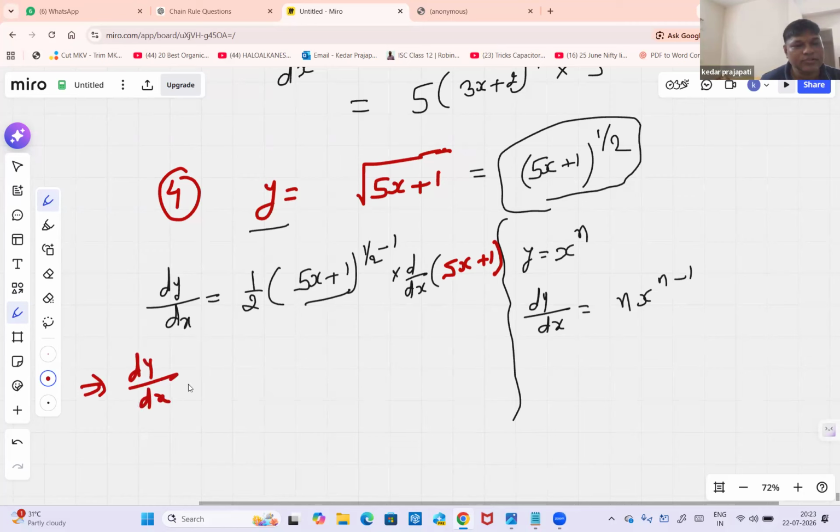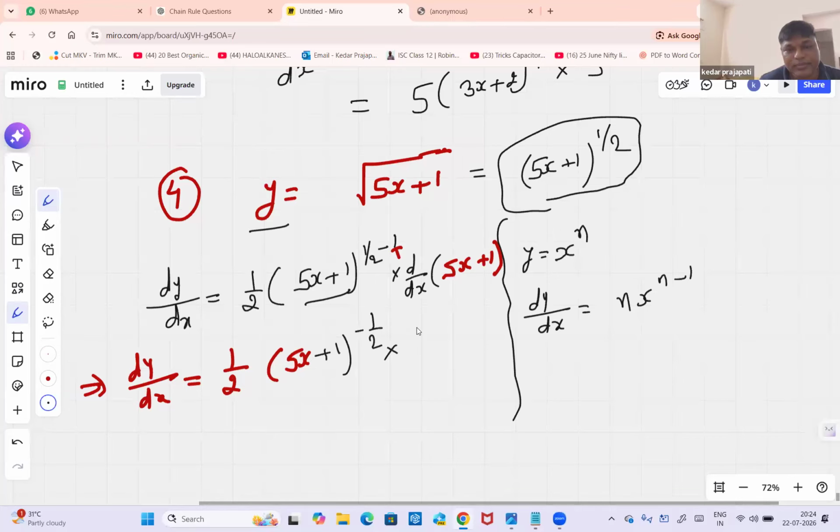So dy by dx will be 1 by 2. Now this will become how much? We need to just solve it. Pi x plus 1 slowly. This will be half into 5, it will be minus 1 by 2, correct?